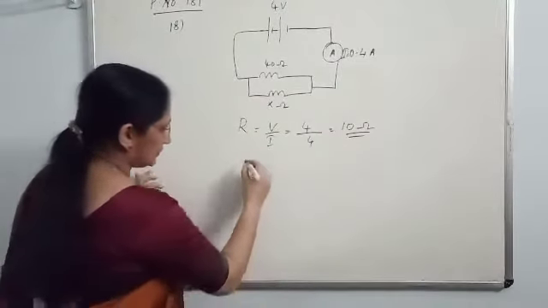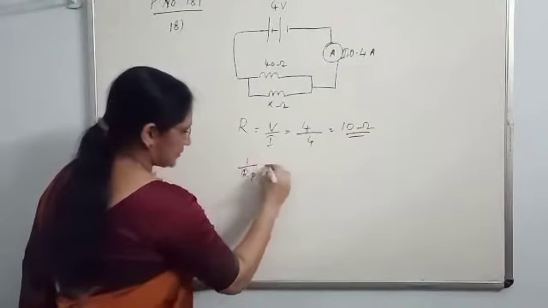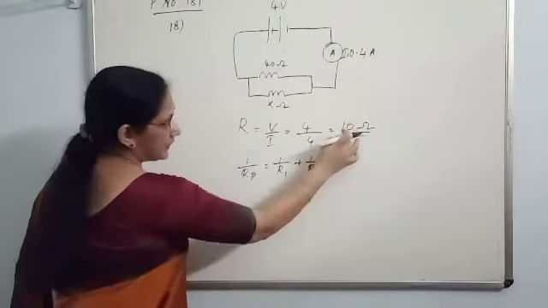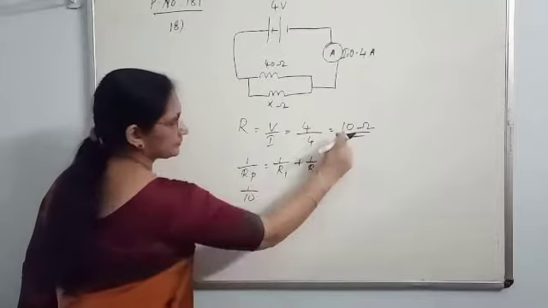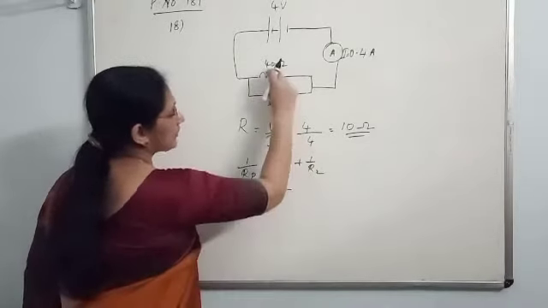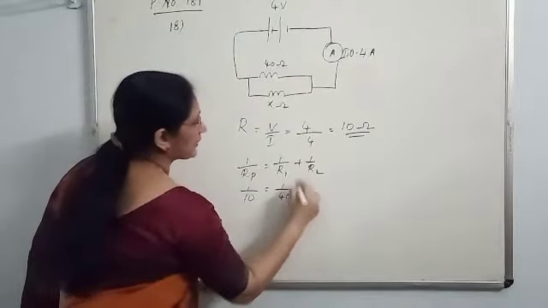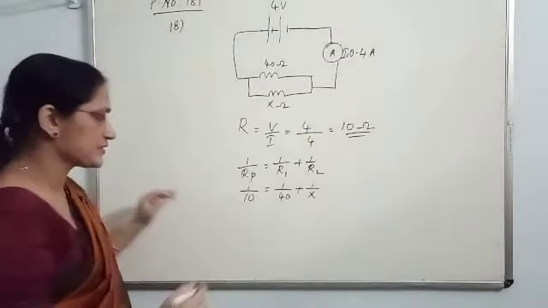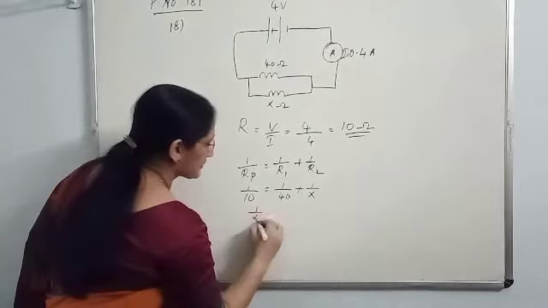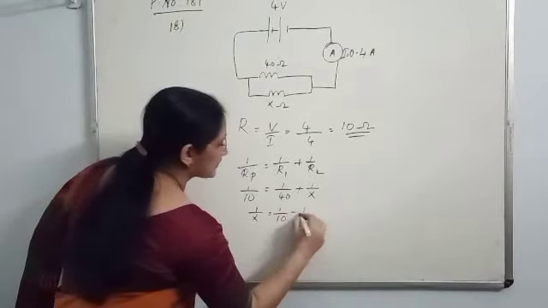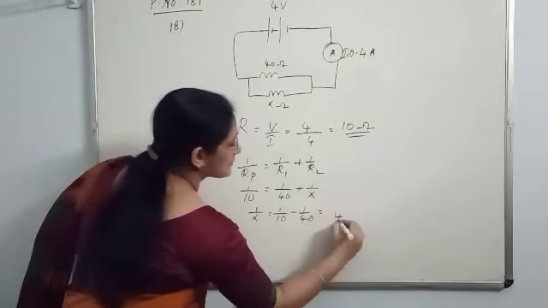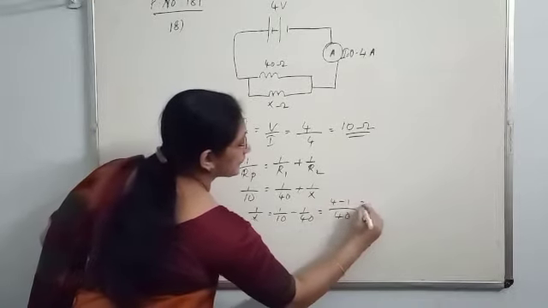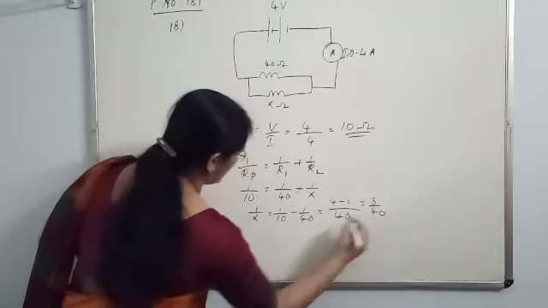Then 1 by Rp is equal to 1 by R1 plus 1 by R2. 1 by Rp, 10, is equal to 1 by R1, that is 40, plus R2, that is X. So you can get the value of X from this calculation. 1 by X is equal to 1 by 10 minus 1 by 40, LCM 40, here 4 minus 1, that is 3 by 40.